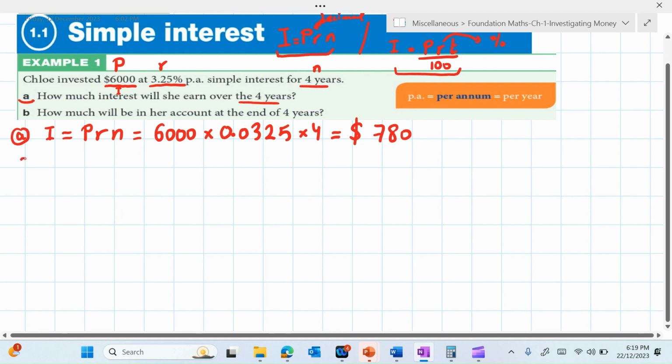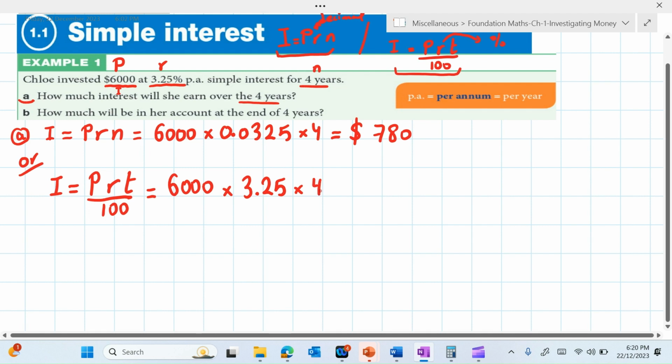Let's now use the other rule. I equals P R T over 100. So the value of P, which is the principal value, is $6,000, times R. In this case, we keep it in percentage, which is 3.25, times T, the time in years, which is 4.